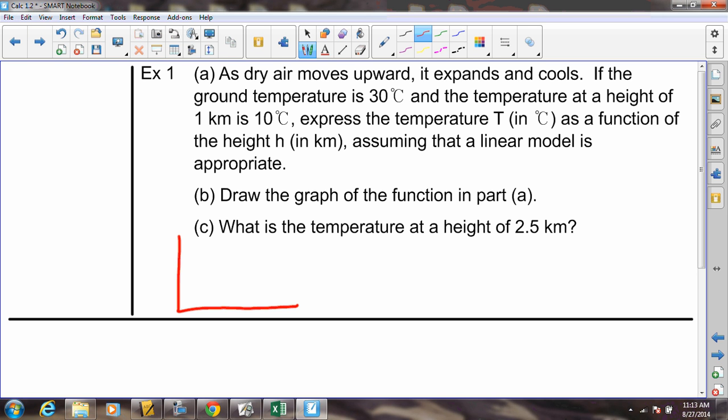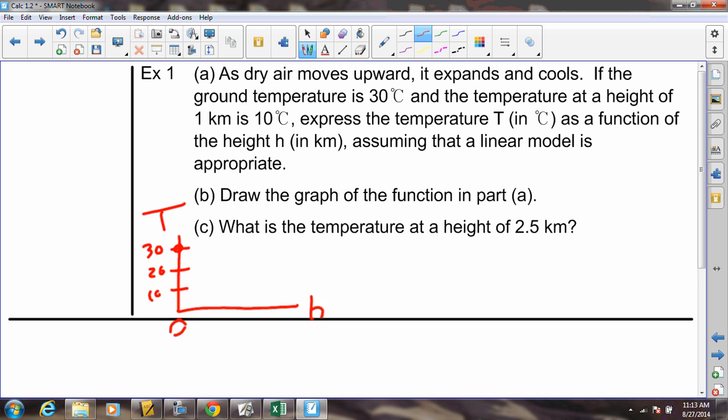Well, we would start off by saying we're creating the temperature as a function of height, which means the height is the independent variable and temperature is the dependent variable. Well, what are the 2 points that we have? At a height of 0, the temperature is 30. So we have 1 point.